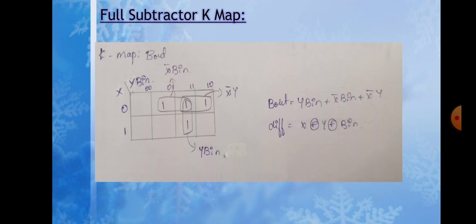We have ones in second position, third and first, and also in 7th position. So the expression for borrow out is Y B in plus X bar B in plus X bar Y, and the difference is X XOR Y XOR B in.